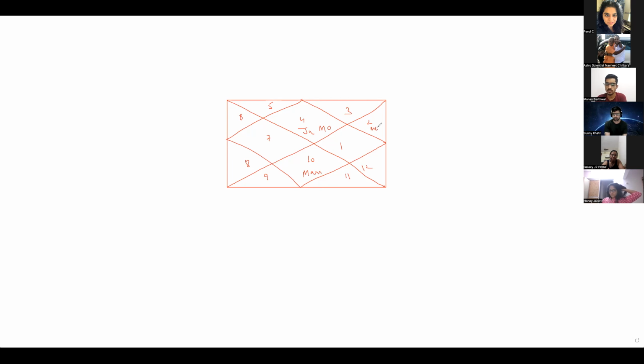Mercury is here, and I guess Venus is here. Surya is here. Rahu is here. Ketu is here. Saturn is, I guess, here. This is the chart of Shri Ram.